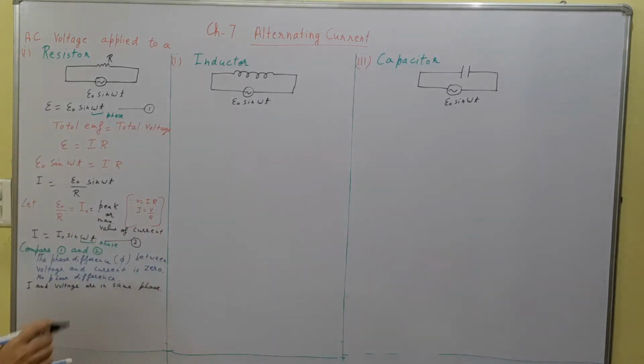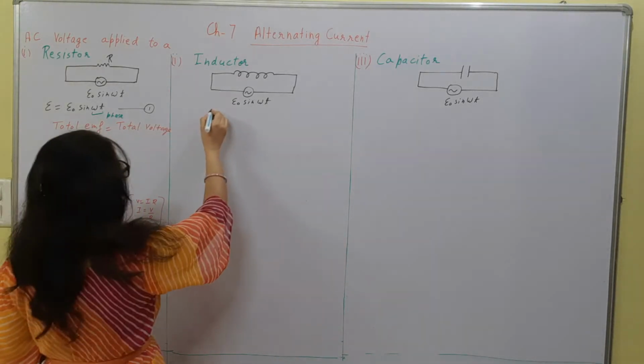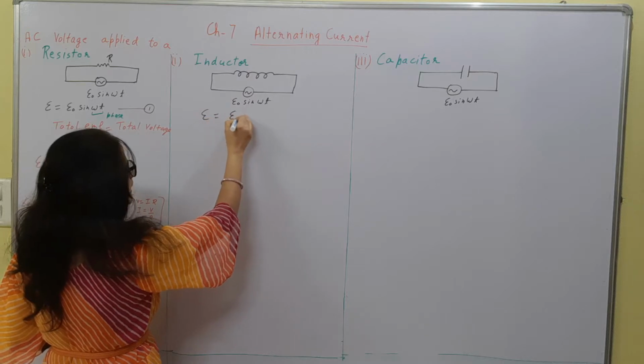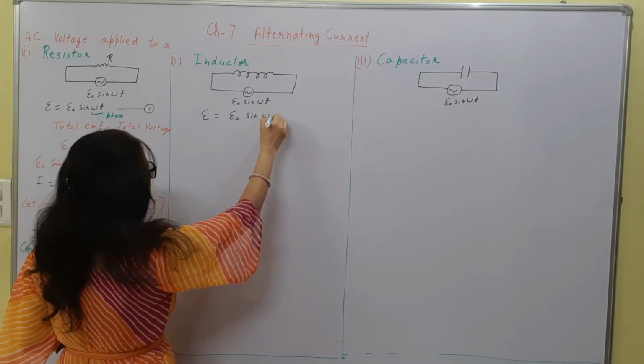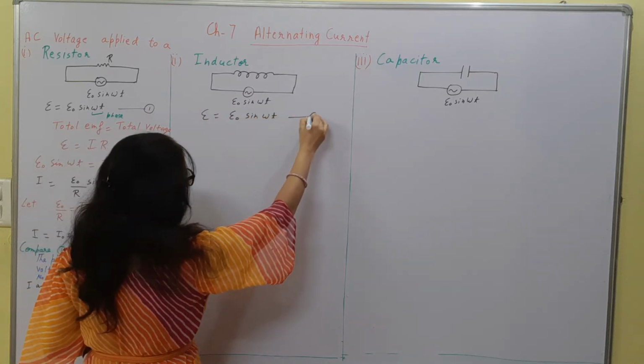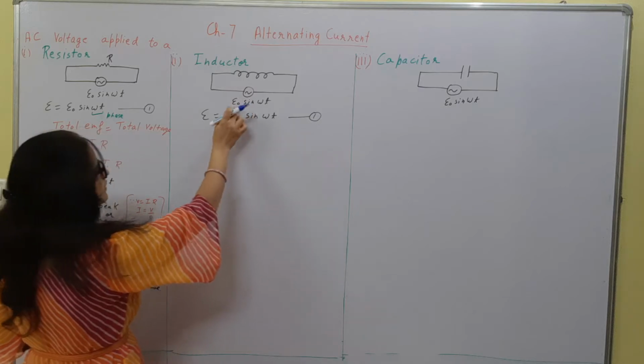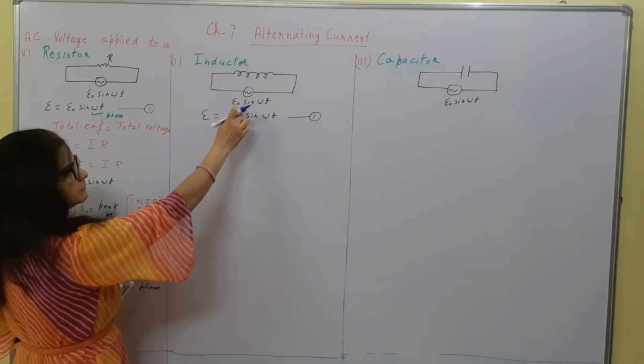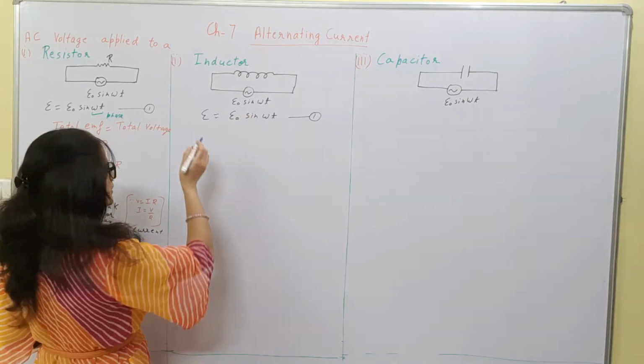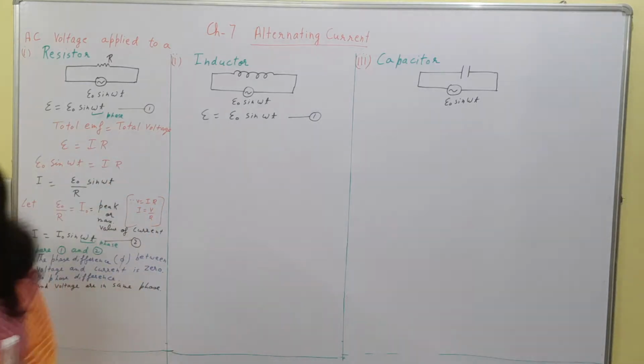Now let's take the inductor. We know that the same AC voltage is applied over here. Let's mark it 1. Now we know that this is a time varying quantity. This AC is a time varying quantity.